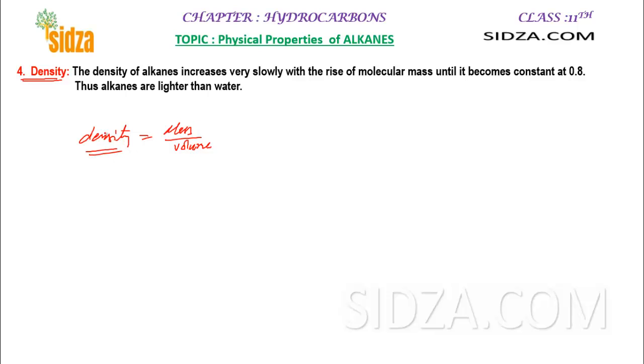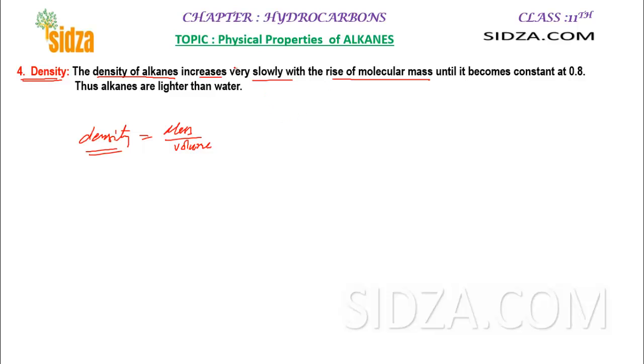So the density of the alkanes increases very slowly with the rise of the molecular mass. When the number of carbon atoms increases, molecular mass will increase, and therefore the density will increase.